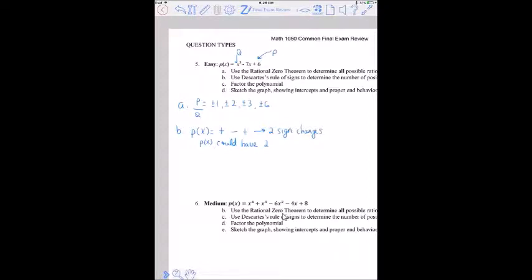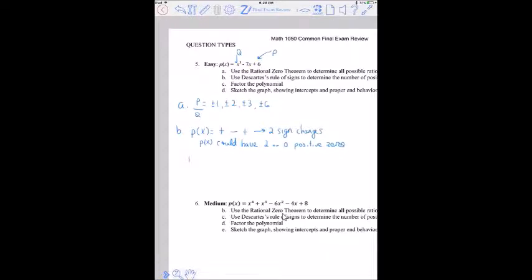So if I start with 2 and I decrease that by 2, then it goes to 0, 2, or 0, positive zeros. If there had been 5 sign changes, then I would have stated it this way. P of x could have 5 or 3 or 1 positive zeros. You always go down by 2 units.